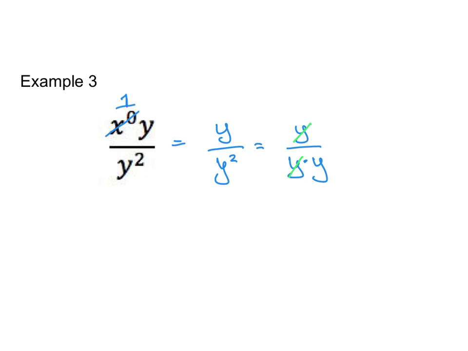I can cross those out. And to leave a placeholder and say that the y is on the bottom, I'm going to have it as 1 over y. So remember, y divided by y is actually a 1. That's kind of where this top 1 comes from. And then that y is actually on the bottom part of the fraction. So our answer is 1 over y.